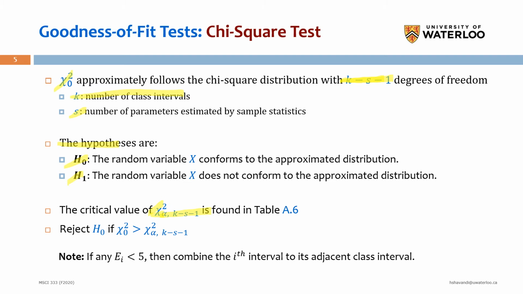If our statistic is greater than this critical value, we reject H0. Otherwise, we fail to reject H0. One note: if any E_i is less than 5, combine that interval with its adjacent class interval so that E_i is greater than 5.